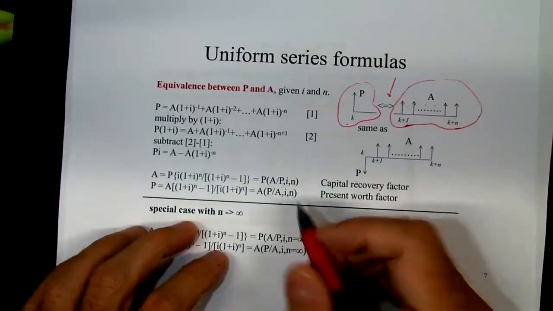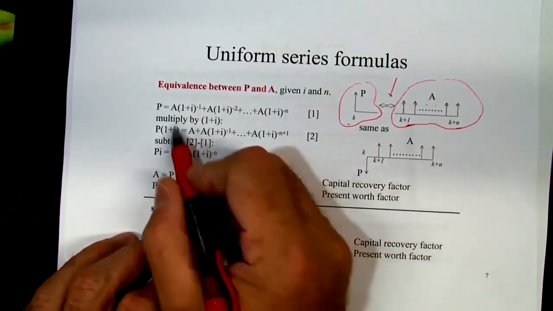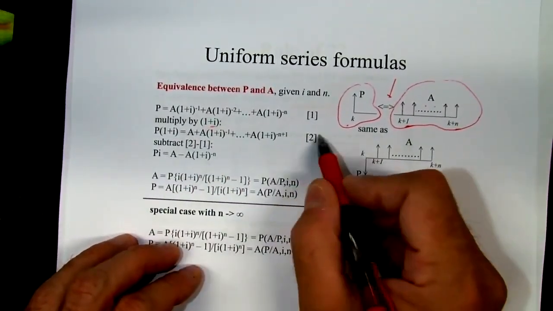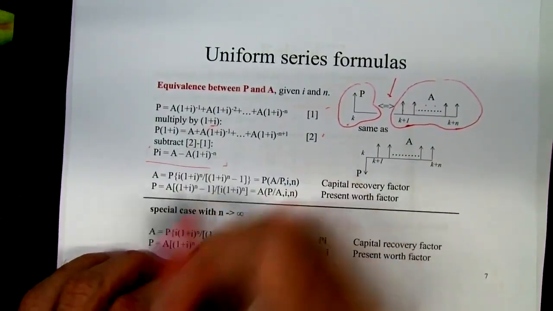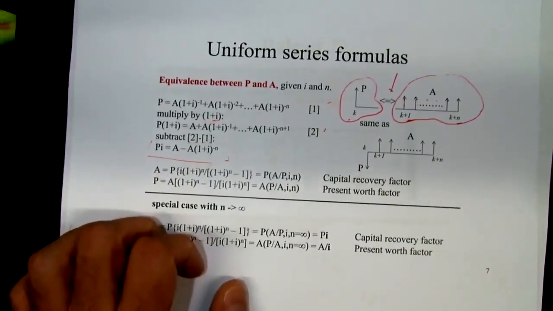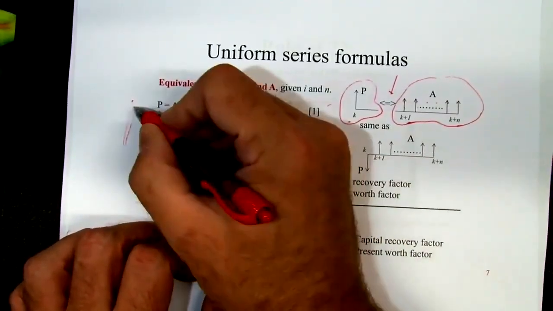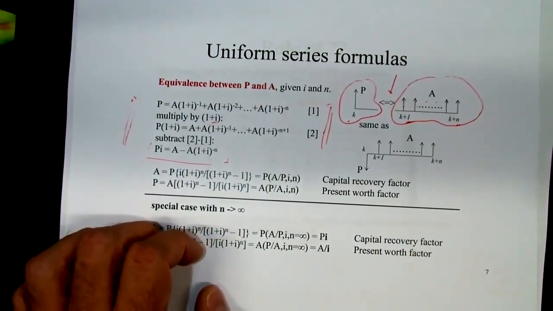Then I do some mathematical manipulation: I multiply everything by 1 plus i, and then subtract the first equation from this one, and I am reduced to this much shorter equation. Again, for the math enthusiasts, this is good to read, but I won't test you on that.